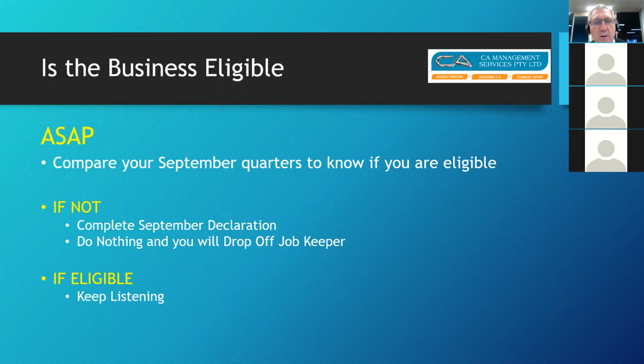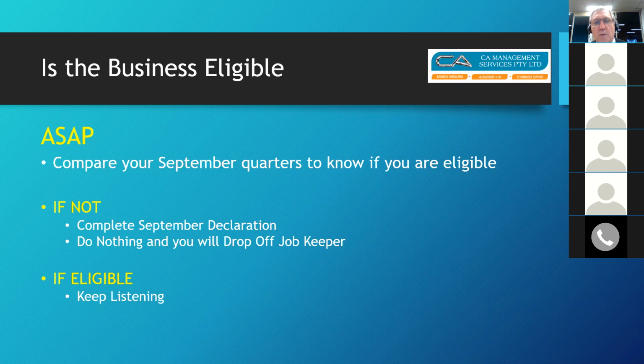I just had one client today who had gone through all of their employees and put them as JobKeeper finish, and they missed the last declaration, so they've had to make changes to their payroll to take away the JobKeeper finish. The real thing there is if you're not going to be eligible, you essentially do nothing. Just finish off your final declaration so you can get your final piece of money.